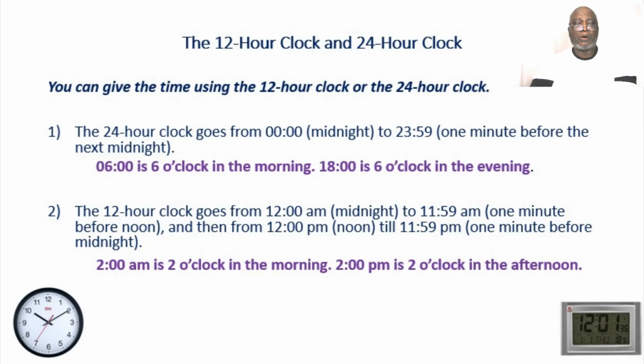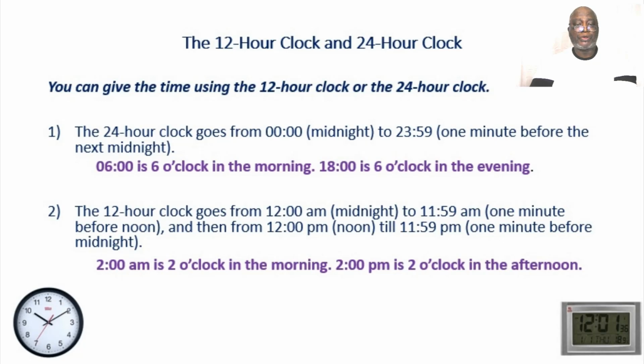The 12-hour clock goes from 12 a.m. midnight to 11:59 a.m. 1 minute before noon. And then from 12 p.m., which is noon, until 11:59 p.m., 1 minute before midnight.